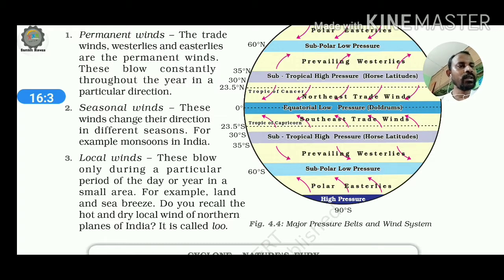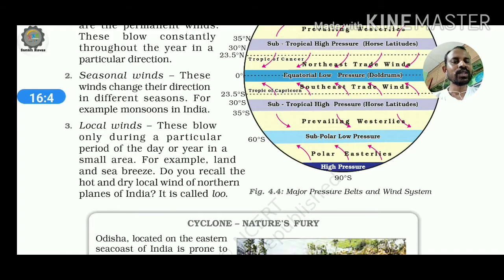I have also told you that Lu is the hot wind which blows during summer from midday to afternoon, which is an example of the local wind. Sea breezes and land breezes mean the wind system which is interchanged between the ocean and the land.